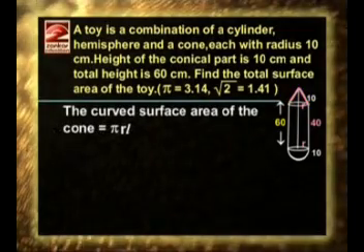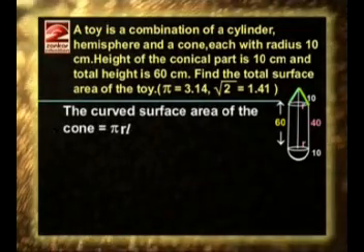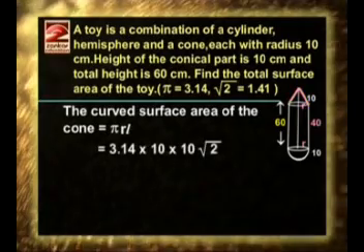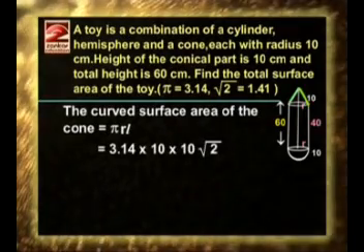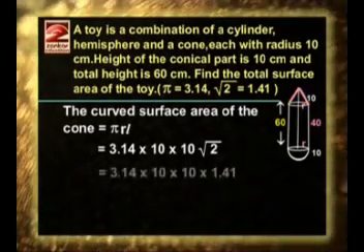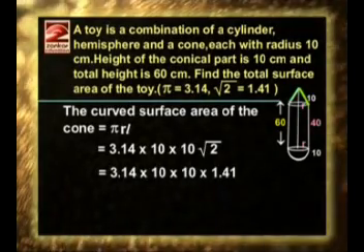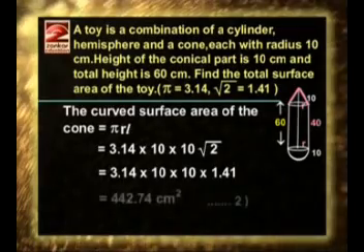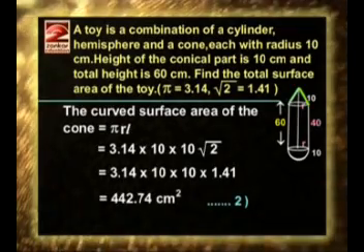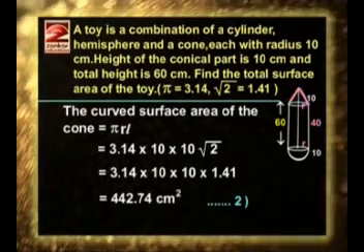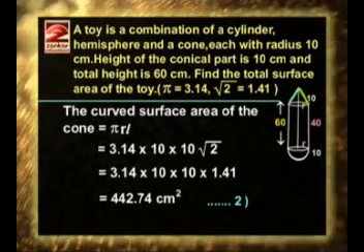The curved surface area of the cone is equal to pi RL, that is equal to 3.14 into 10 into 10 root 2, that is equal to 3.14 into 10 into 10 into 1.41, that is equal to 442.74 centimeter square. Statement 2.